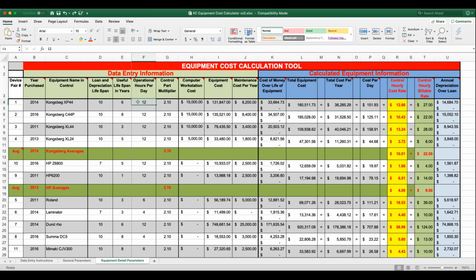If it's too high, you run the risk of understating the hourly charge. So it's a double-edged sword. You can hurt yourself if you make it too low, and you can hurt yourself if you make it too high.